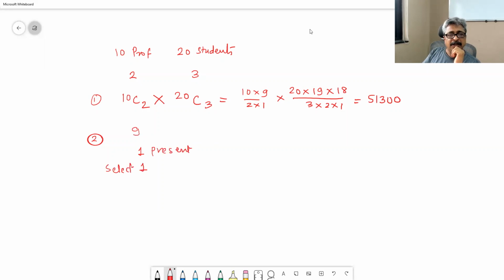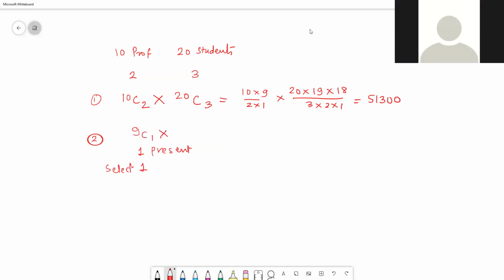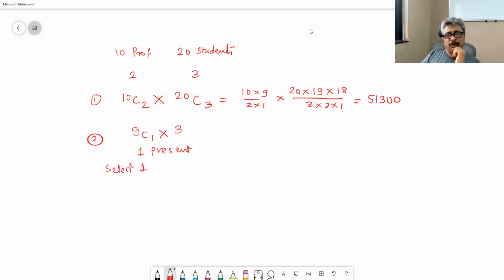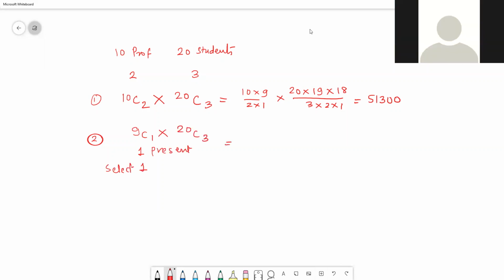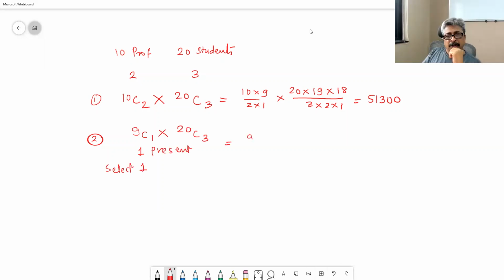It can be done in 9 choose 1 way. Secondly, you can choose 3 students out of 20 students. That can be done in 20 choose 3 ways. So this is equal to 9 upon 1 into 20 into 19 into 18 upon 3 into 2 into 1.